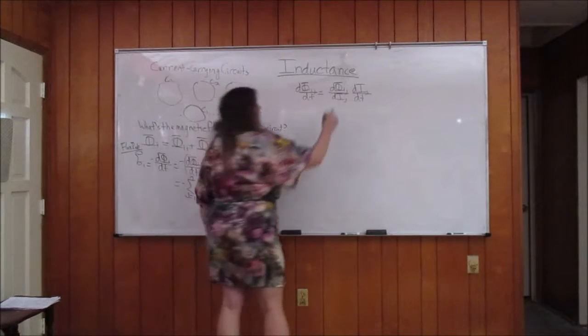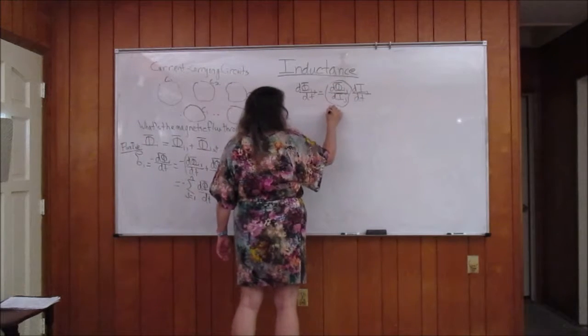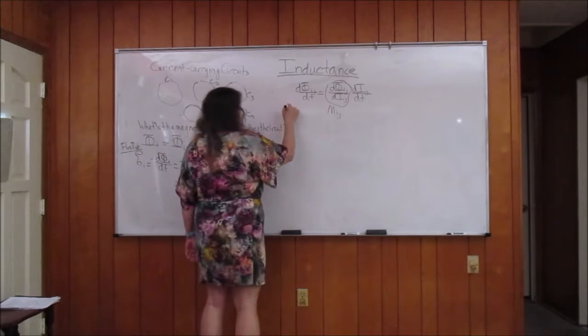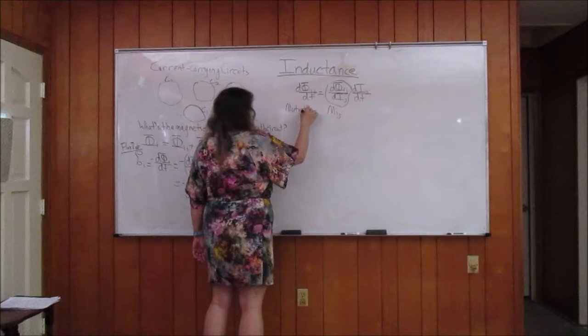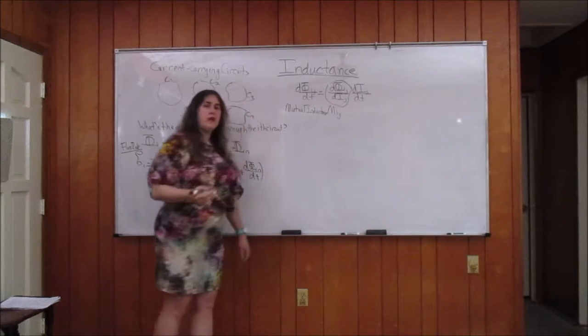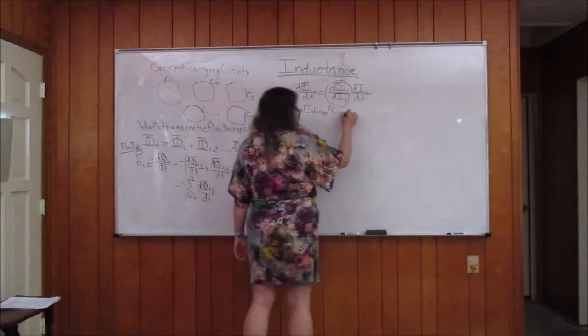Okay, so this quantity here, M_ij, is the mutual inductance, and it represents the coupling between circuits.